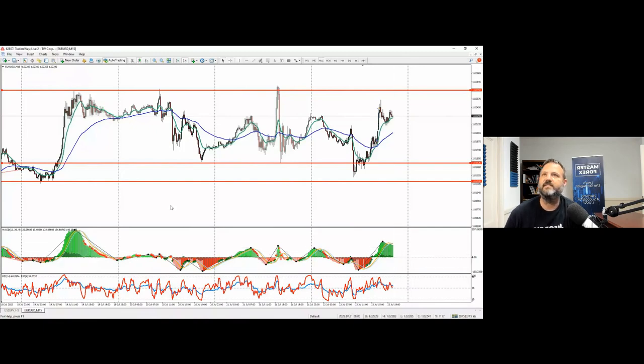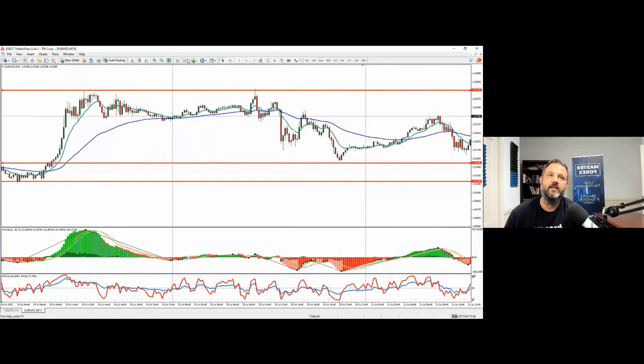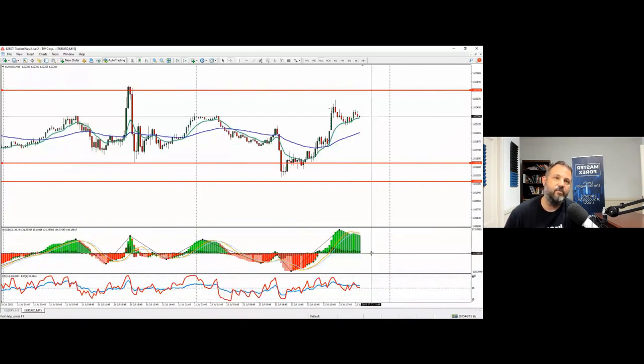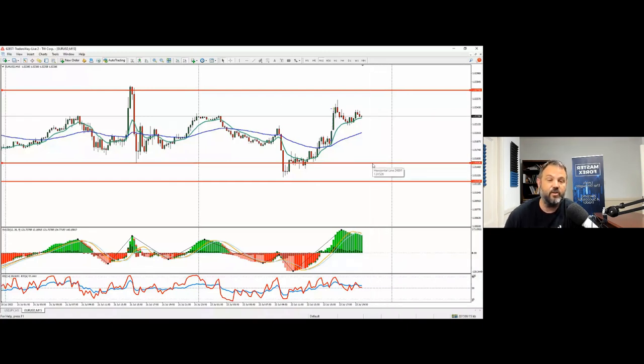I'm just using this as an example, and I could probably find a ton of these if I go back and look. But if you go here and this is crossing right into a level, well, then you're going to be at a major disadvantage, because if you're selling an indicator cross on a support level, that is going to be a very difficult trade to win.